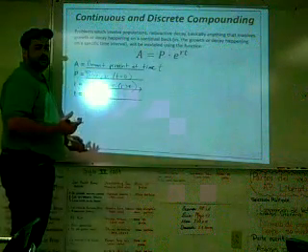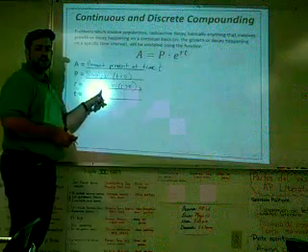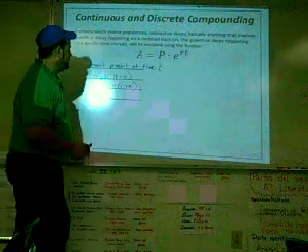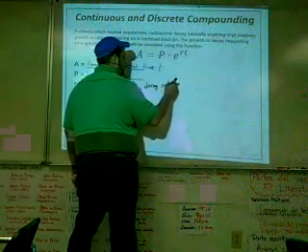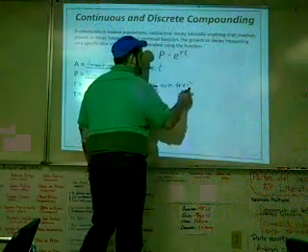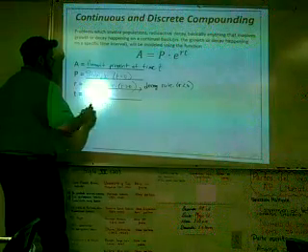So if I tell you that the growth rate is 8%, well, then that means that R is going to be 0.08. We're going to refer to it as a decay rate if R is less than 0, and T is going to be time.